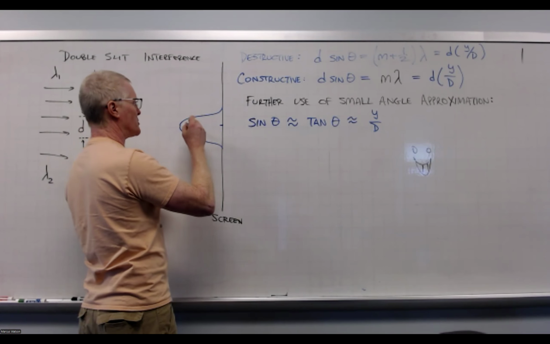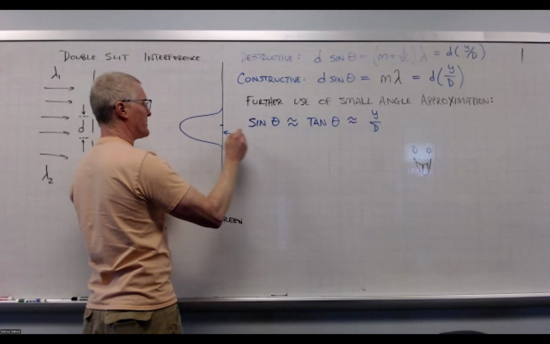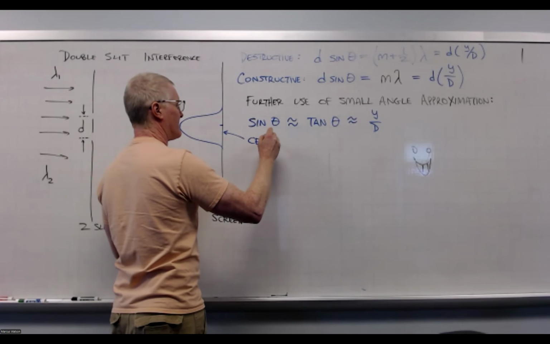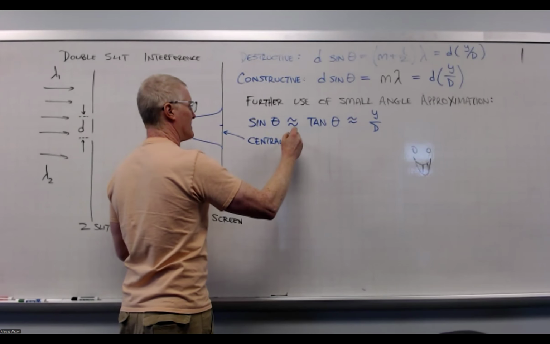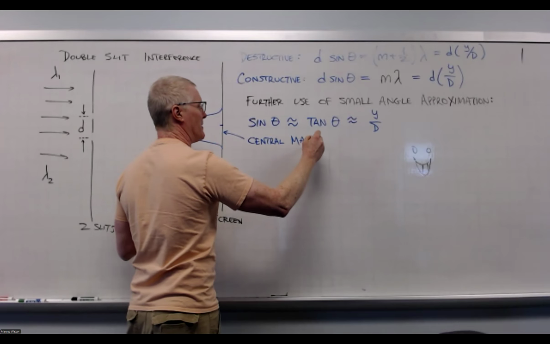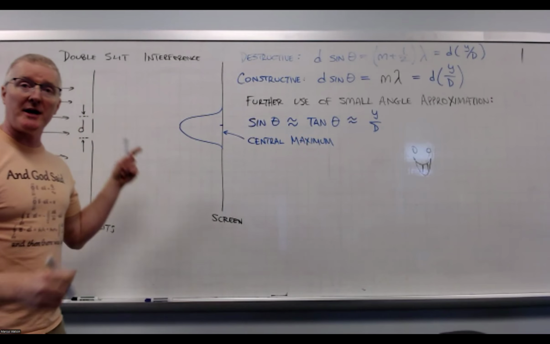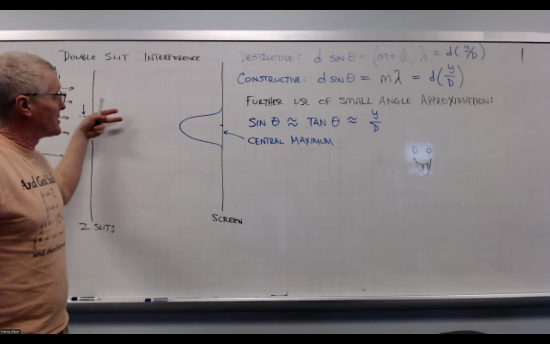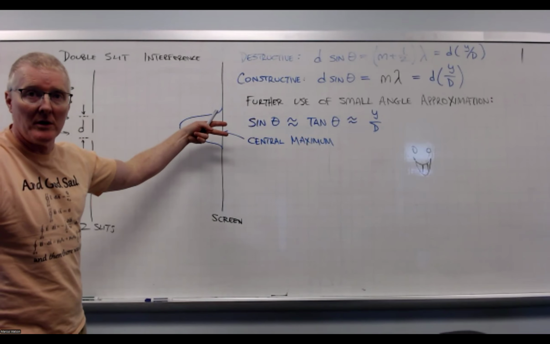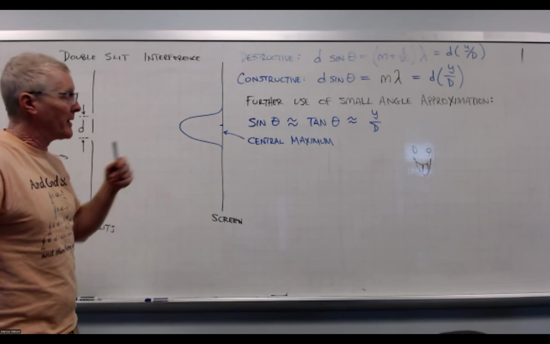All right, this is the central bright fringe, or central maximum. Okay, no matter which wavelength I shine through here, that does not change because the path length difference is 0 along that direction. Okay.